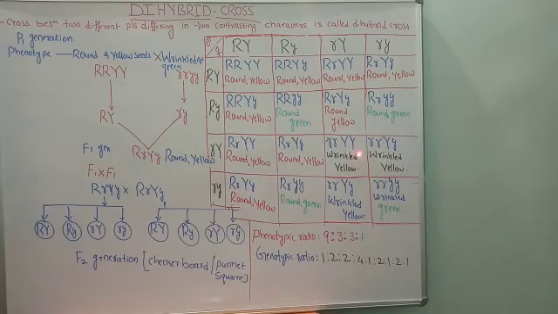Wrinkled and yellow 1, 2, 3. 3 we have obtained. Next, last, wrinkled and green. How many are there? Only one. Okay. So only one wrinkled and green. So this plant we obtained. So the phenotypic ratio is 9 is to 3 is to 3 is to 1.